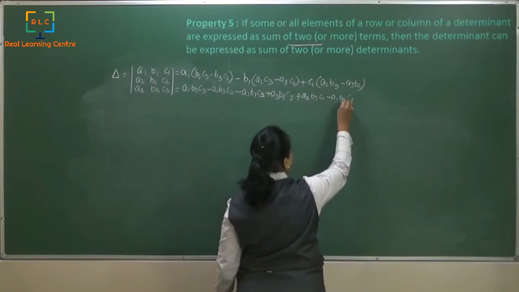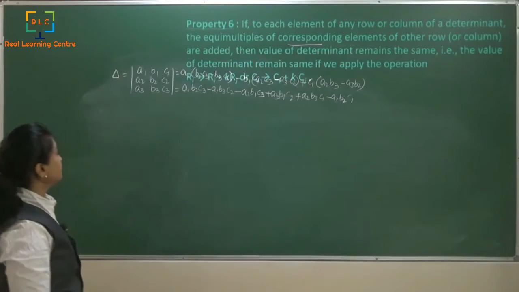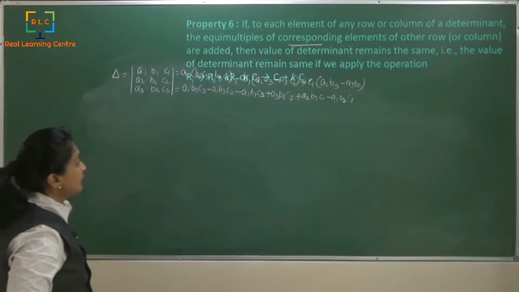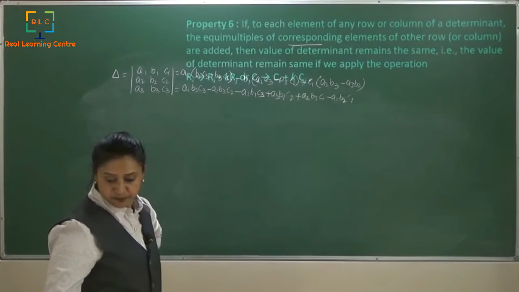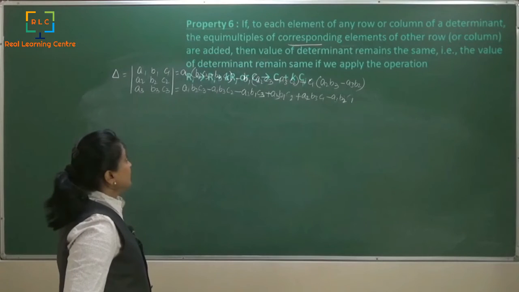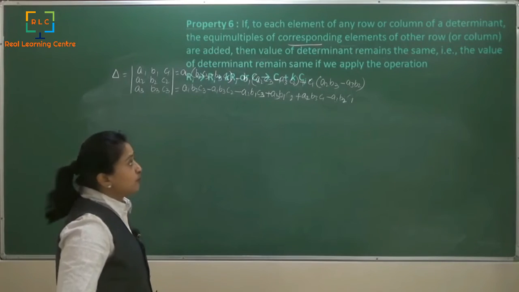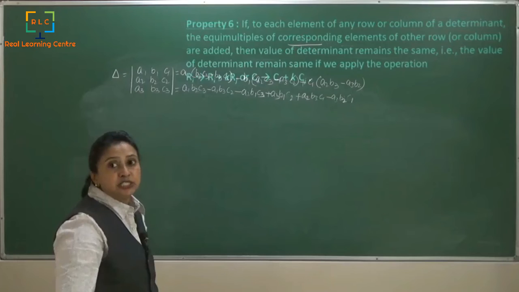And now let me go to the next property. Property 6 tells you like this: if to each element of any row or column of a determinant, the equi-multiples of corresponding elements of another row are added, the value of the determinant does not change.